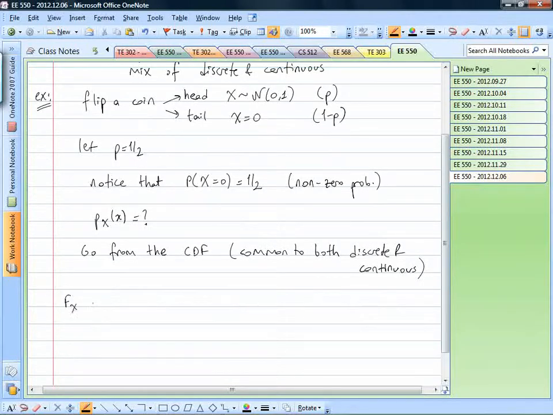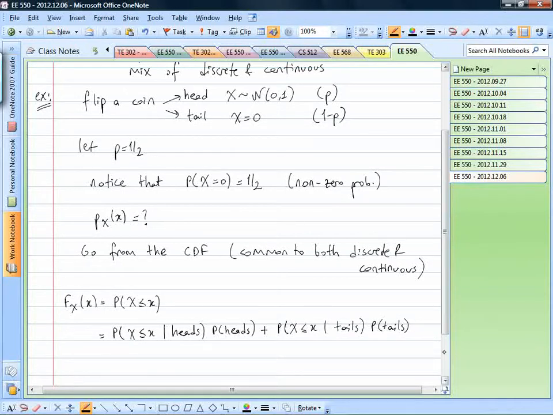F sub X of x, by definition, is the probability of capital X less than or equal to little x. We can write this as the probability of X less than or equal to x given heads, times the probability of heads, plus the probability of X less than or equal to x given tails, times the probability of tails, using simple probability rules.